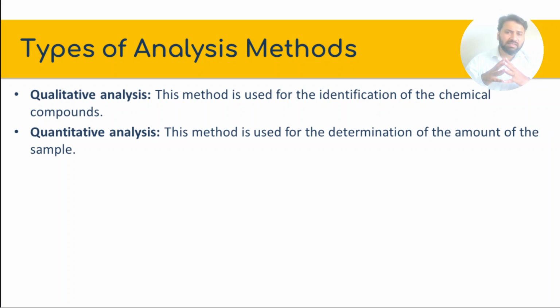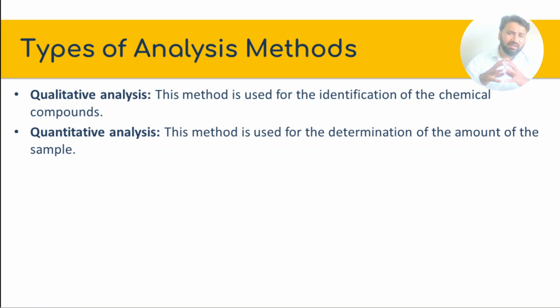As we know, there are different sources of pharmaceutical drugs or agents, like plants, microorganisms, minerals, and synthetic compounds. Based upon the determination type, there are mainly two types of analytical methods: one is qualitative analysis and the second is quantitative analysis.